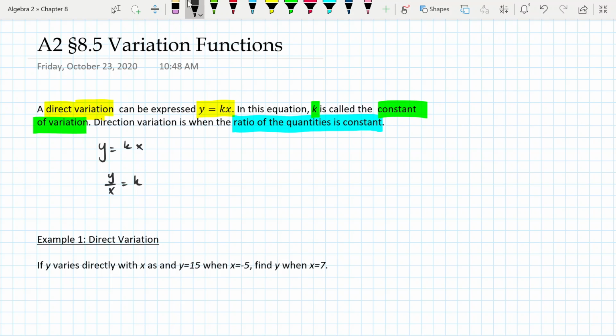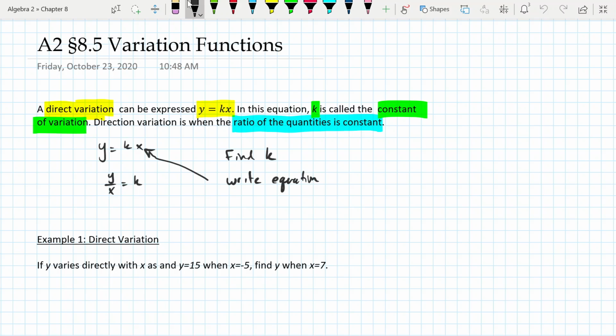So we usually do a couple things here. We usually try to find k, then we write the equation, which means it's going to be in that form.